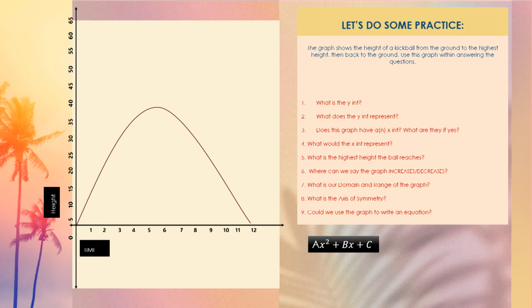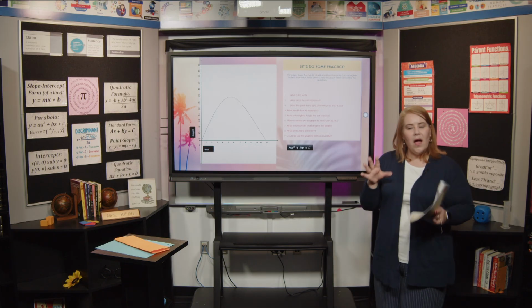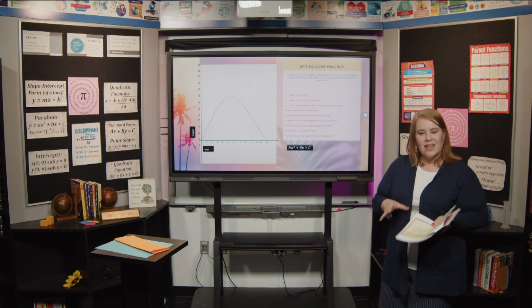When I have to write an equation from this graph, we think of our standard form, ax squared plus bx plus c. Now, obviously I could find my c, which is 0, where my graph crosses or touches my y-intercept. But the other two, I'm not quite sure how I would get those.